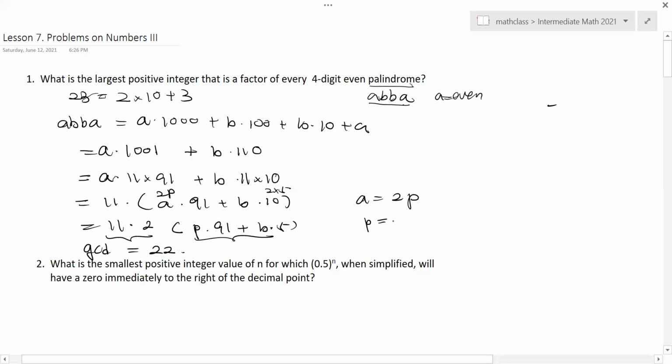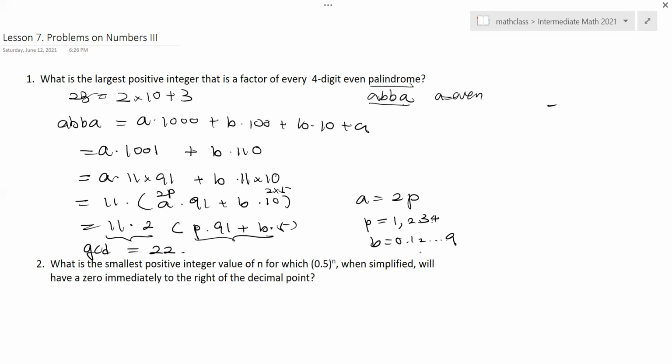I think p cannot be 0, so 1, 2, all the way to 4, right? p cannot be 5, because A and B are digits. B is in the middle, right? B can be 0, 1, 2, all the way to 9. So for those choices, how many integers are you going to get? Well, 4 times 10, 40 integers.